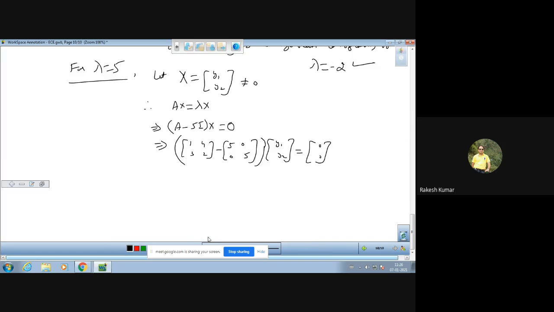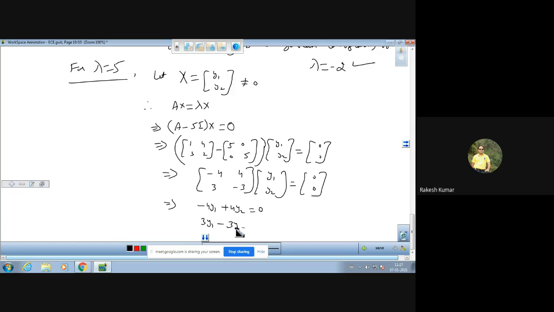Simplify this in the same way. It comes out to be minus 4, 4, and 3, and 2 minus 5 is minus 3. So this is (y1, y2) equal to (0, 0). From this we have minus 4y1 plus 4y2 is equal to 0, and 3y1 minus 3y2 is equal to 0.